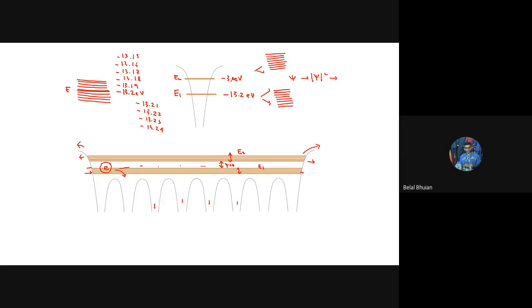So with each energy state, when they were isolated from each other they maintained an energy level of minus 13.2, but when they are brought closer to each other the energy level splits, and the splitting took place between minus 13.15 to minus 13.24. So what is our range here, can anyone tell?